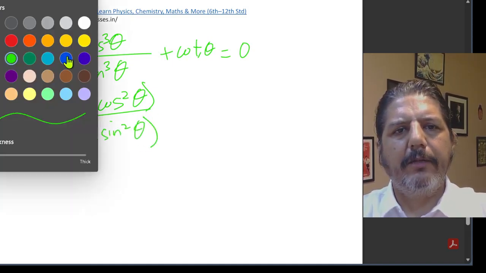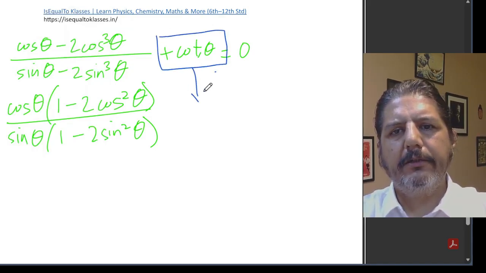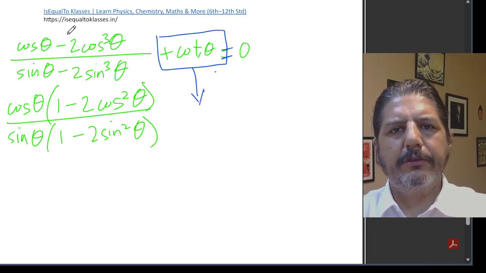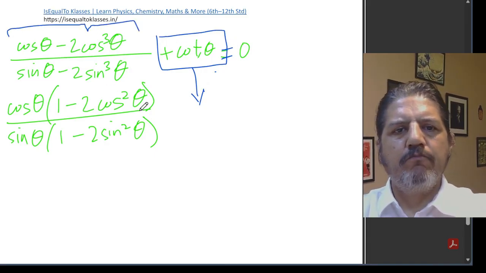For a while I'll be ignoring the cot theta term and taking it after a while. I'll be focusing on the manipulation of this term only.